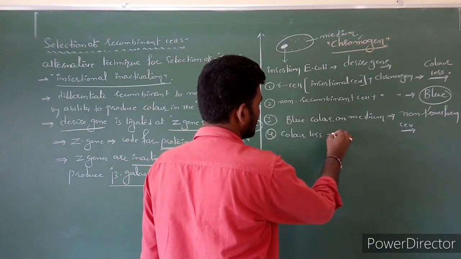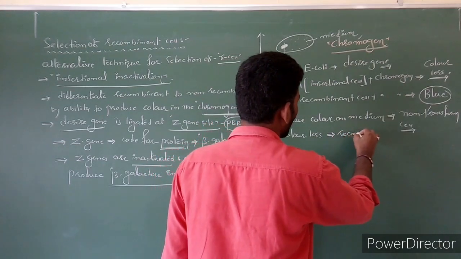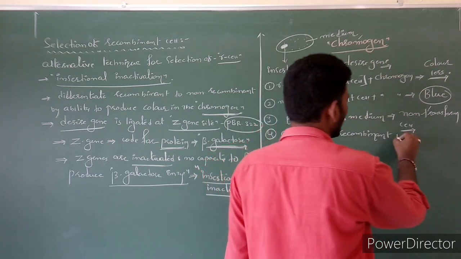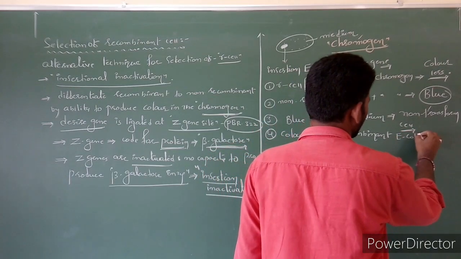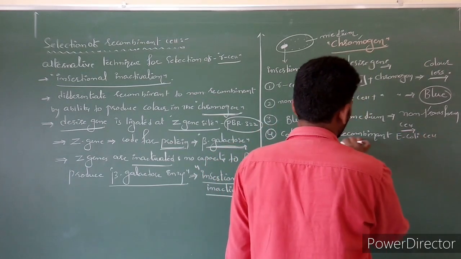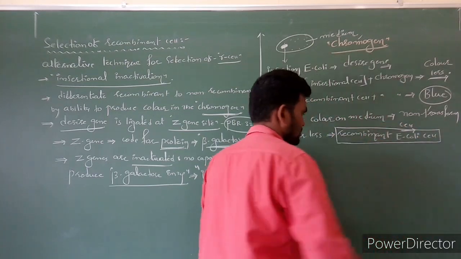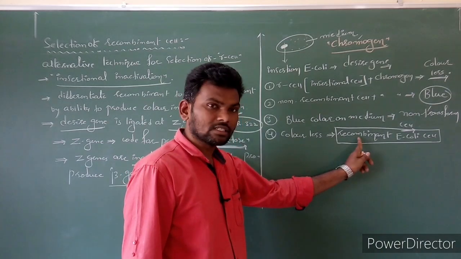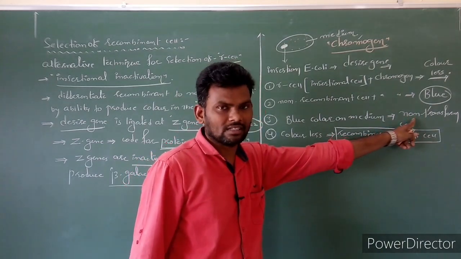Such are what? Recombinant, which are recombinant E. coli cells. So this is a very easy process to select recombinant cells from non-recombinant cells.